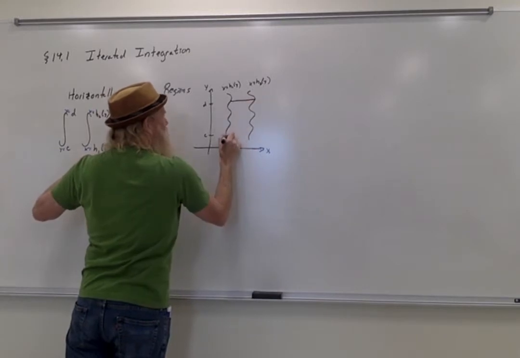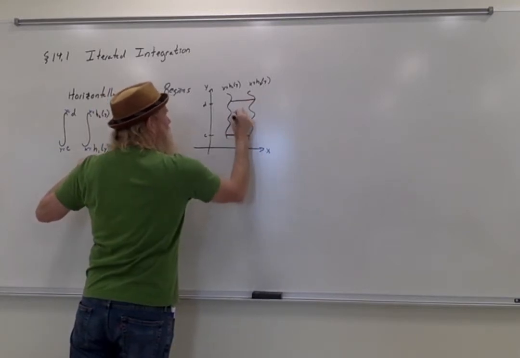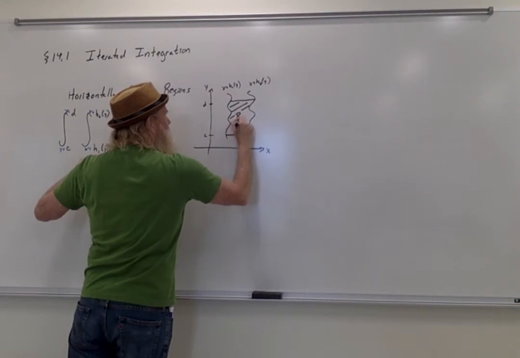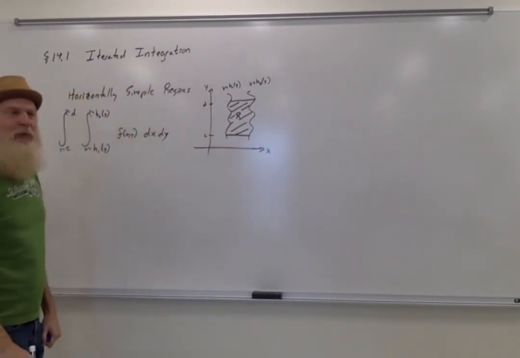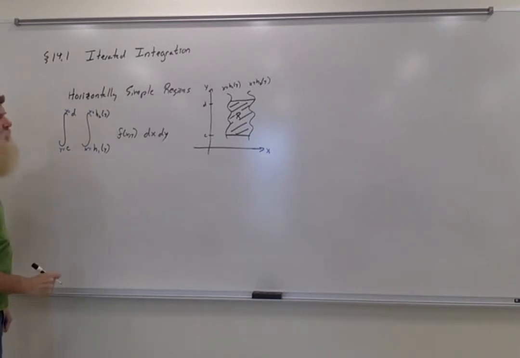So keeping myself between c and d, this would be the horizontally simple region that I was describing using these bounds.